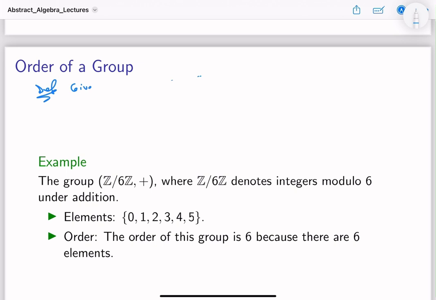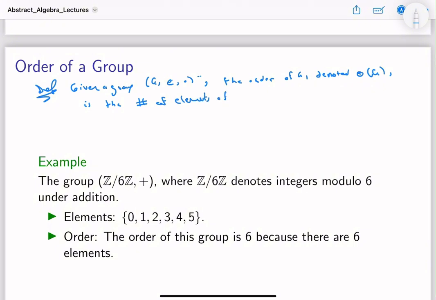Given a group G with an identity e and operation dot, the order of G, which we denote by o(G), is the number of elements of G.